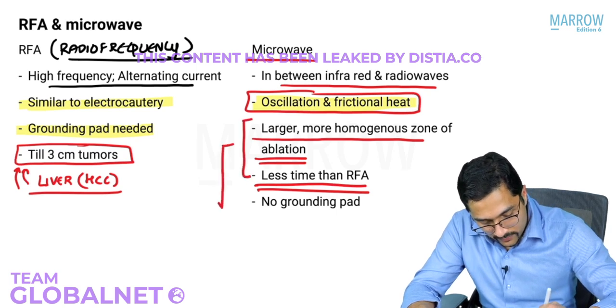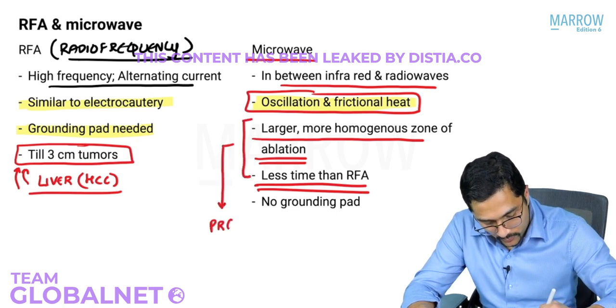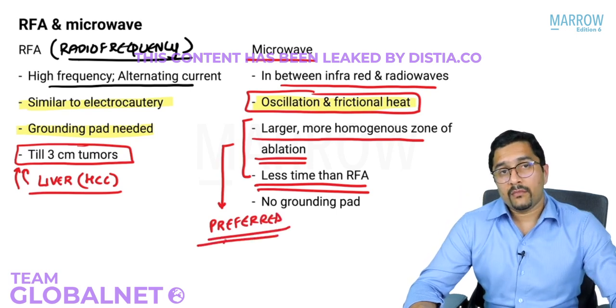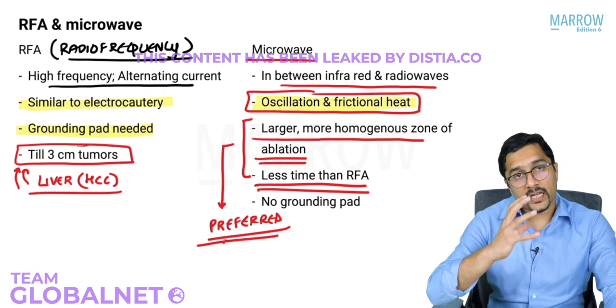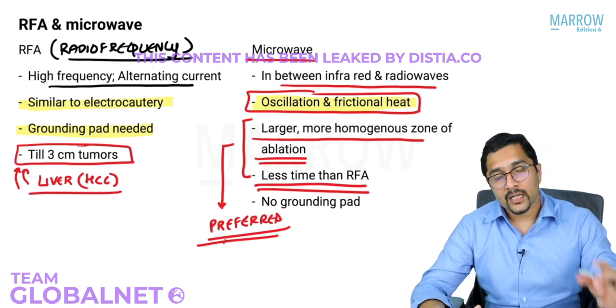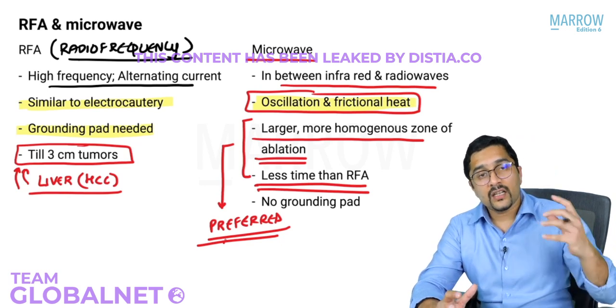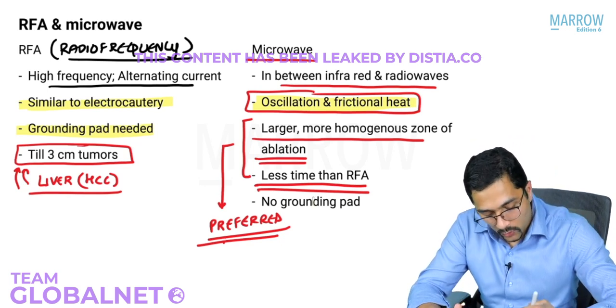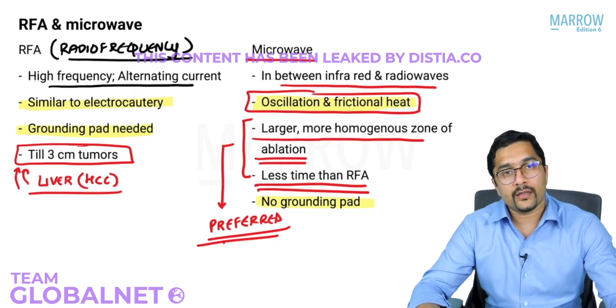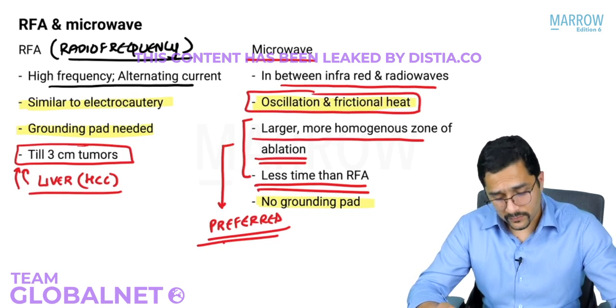That is why this is being preferred over radiofrequency ablation in a lot of centers these days, because it can carry out more homogeneous destruction over a larger area, less time is required, and no grounding pad is required in microwave ablation.